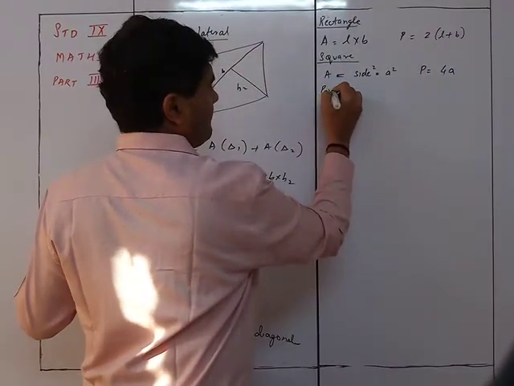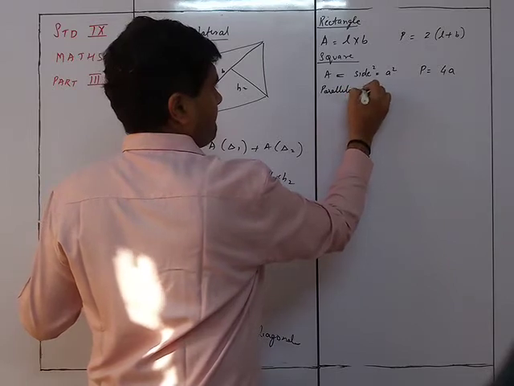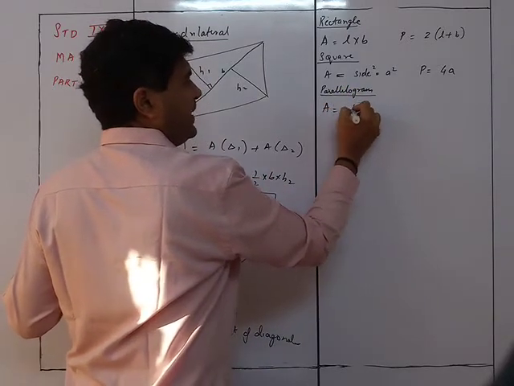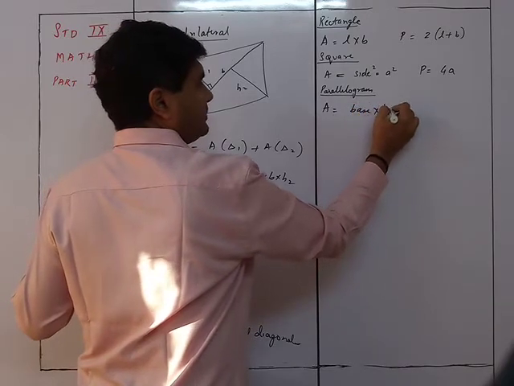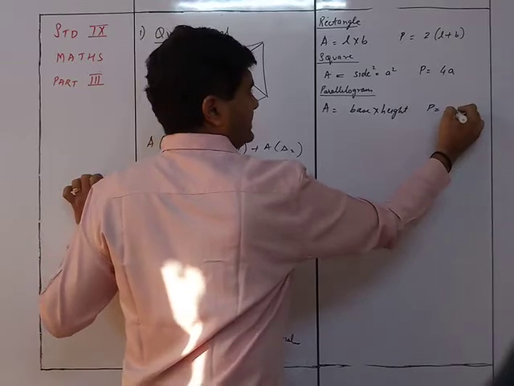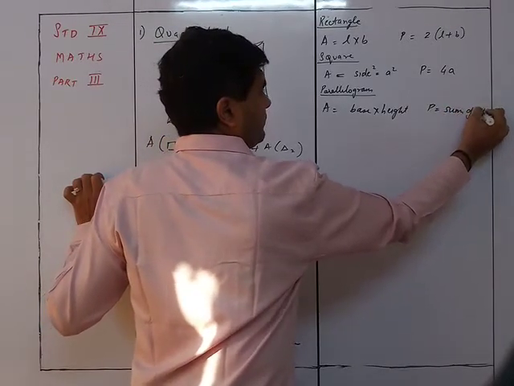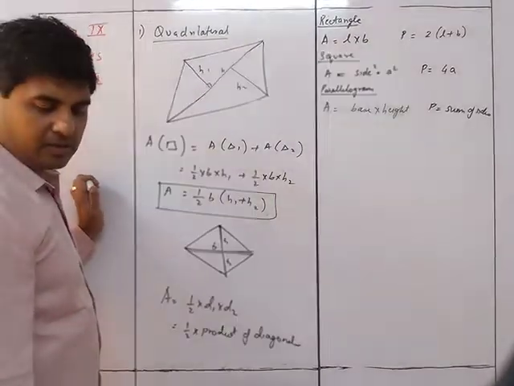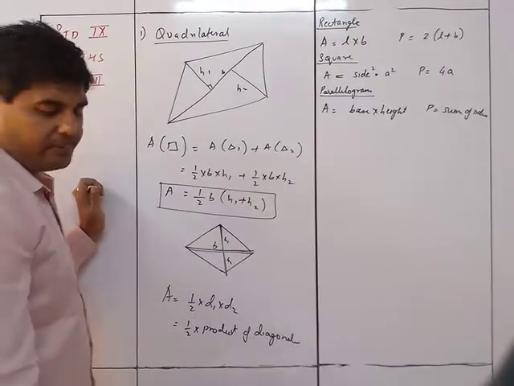After square we are taking the parallelogram. Now parallelogram area is equal to base into height, and perimeter will be sum of sides. Base into height will be the area of the parallelogram.